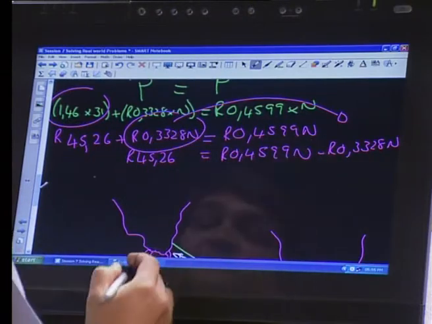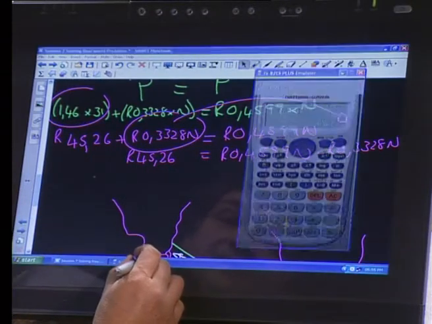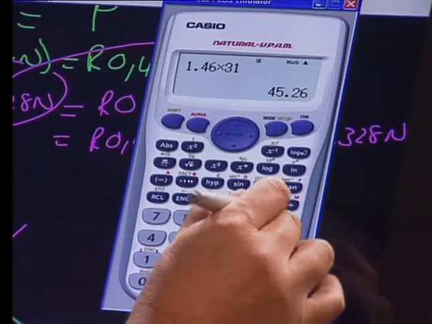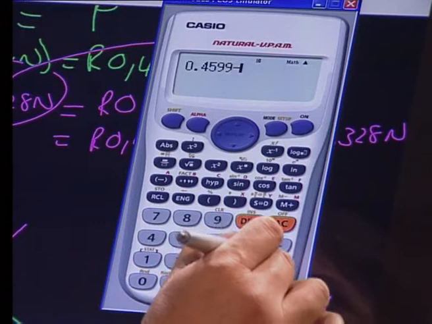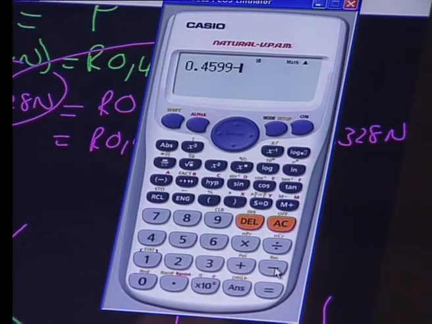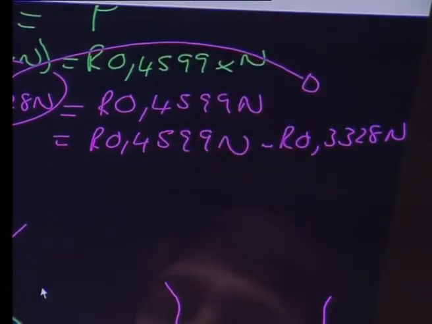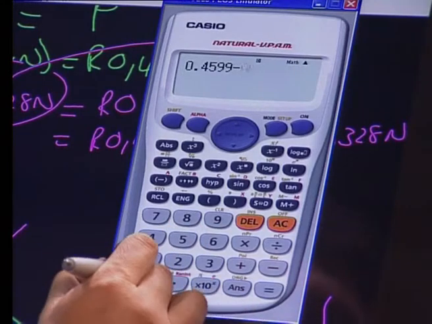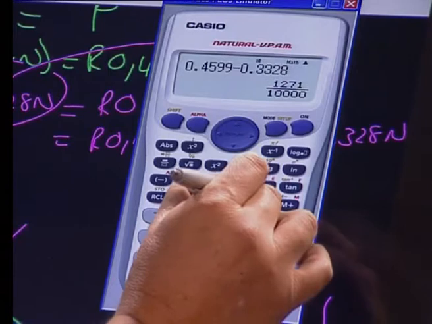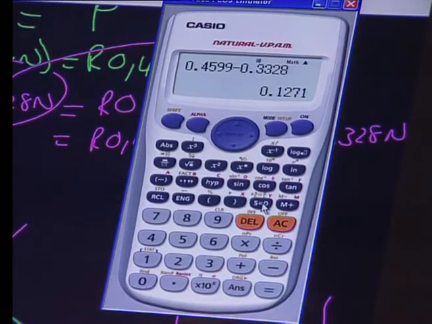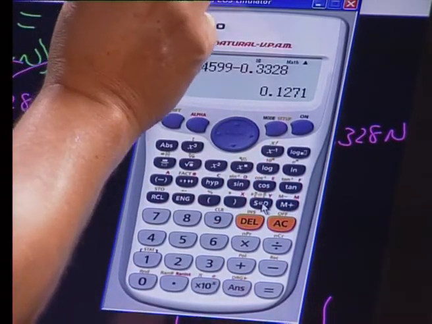Now, let's slap that into our calculator. And we've got 0.4599 minus 0.3328. 0.3328 equals, and there's our answer, 0.1271.